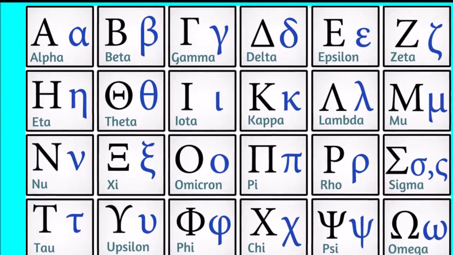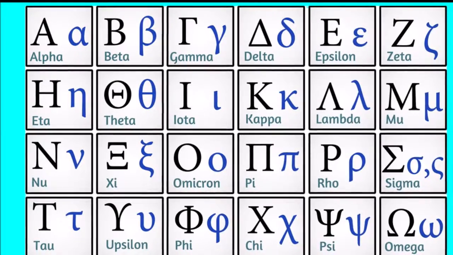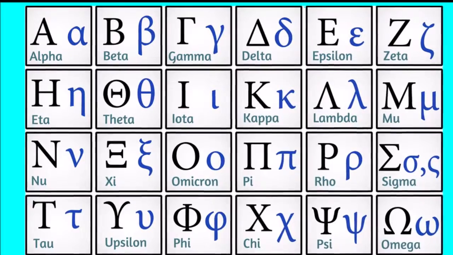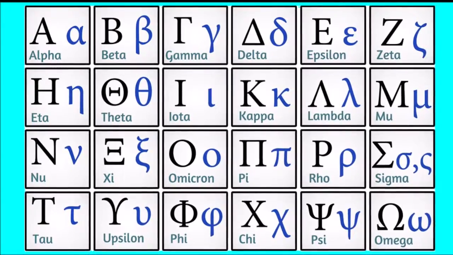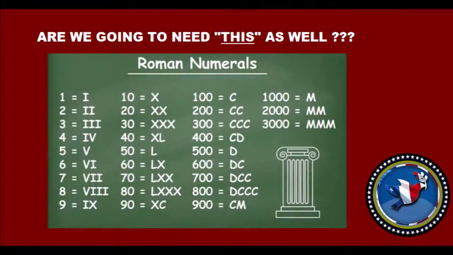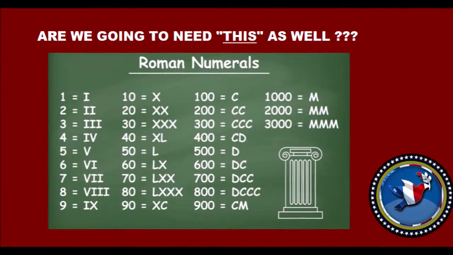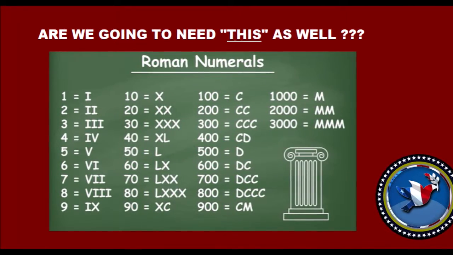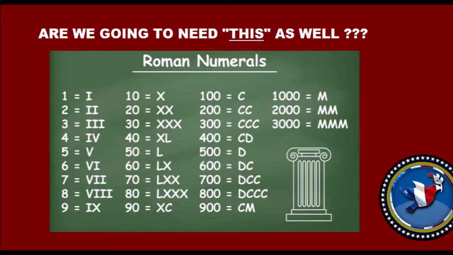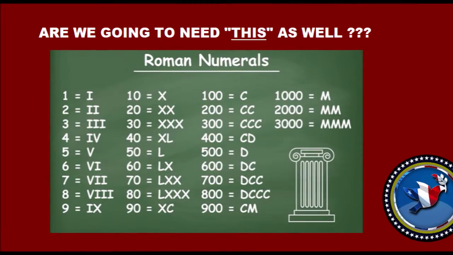Just the Greek alphabet, and the basic alphabet is fine. And numbers, you're going to need the same thing. Most everybody already knows pretty much Roman numerals and things like that, but it wouldn't hurt to get one.